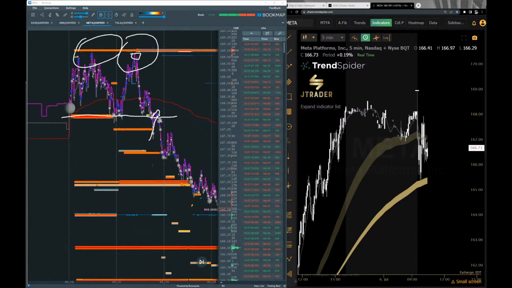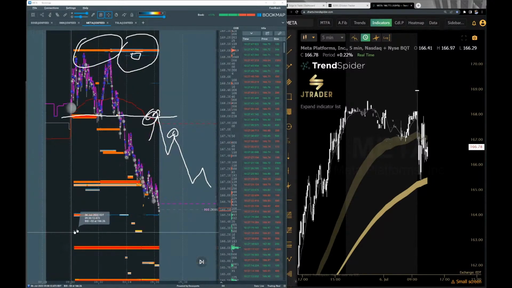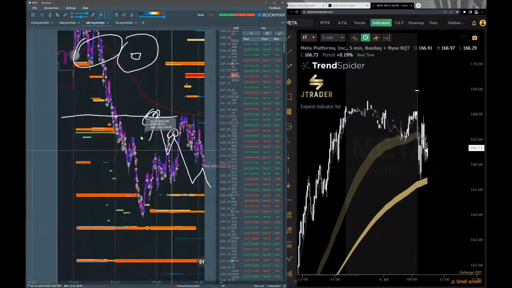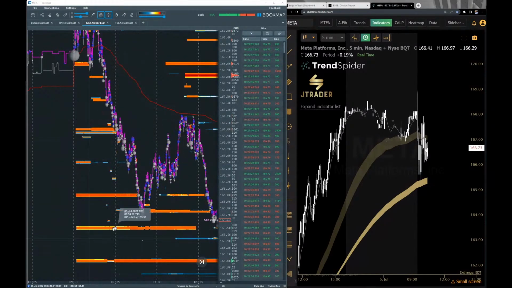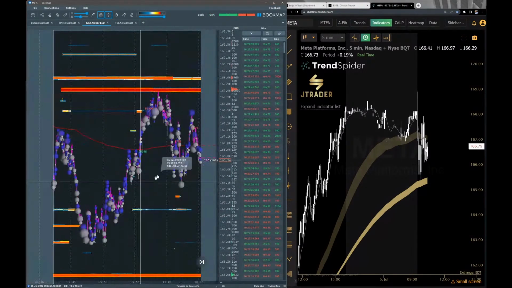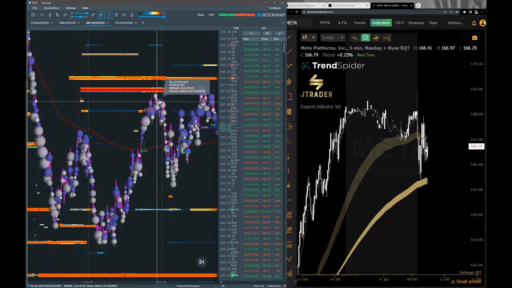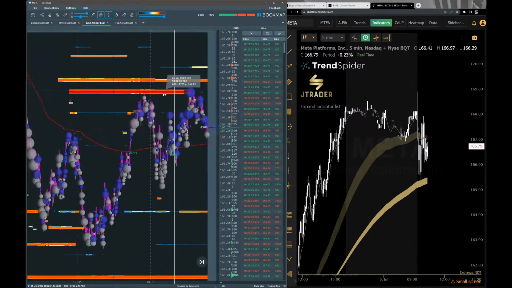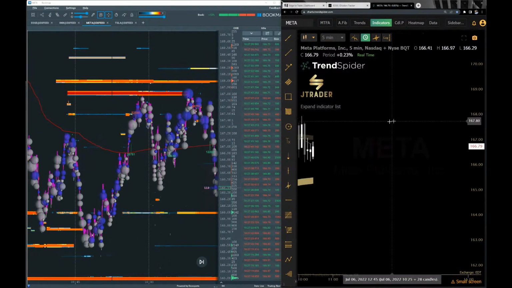So you can see we fail, we reject, reject, reject. So we have each time a pullback to the previous resistance, and then we start fading more and more. At a certain point, I think we had the best pattern of the day over here. Once we start pushing to this 167.80, 168, which is this level over here.